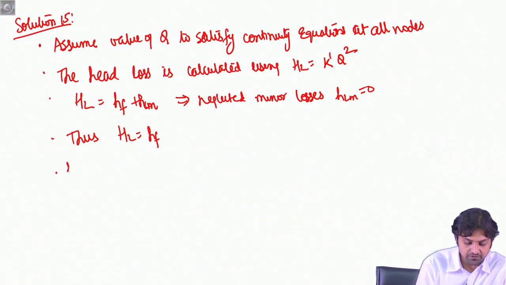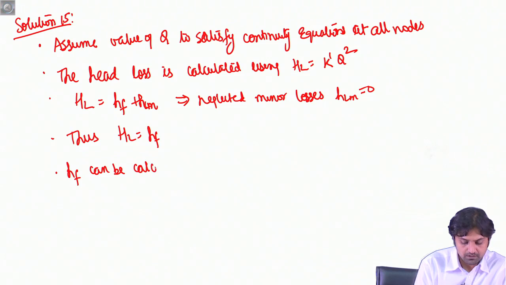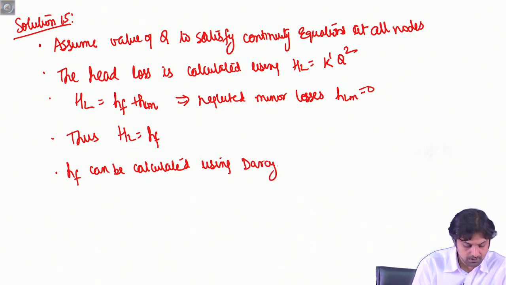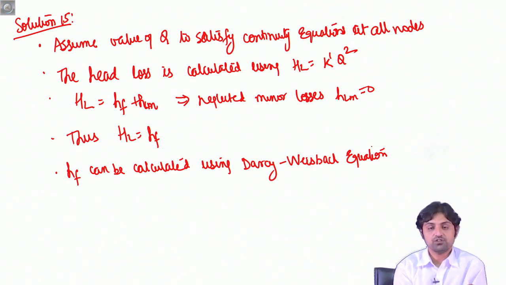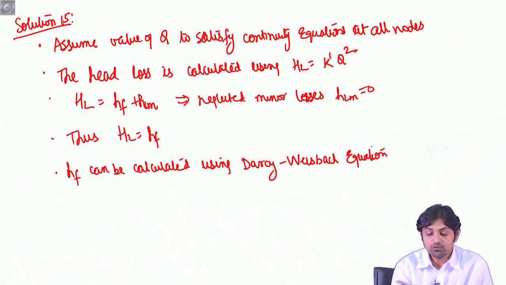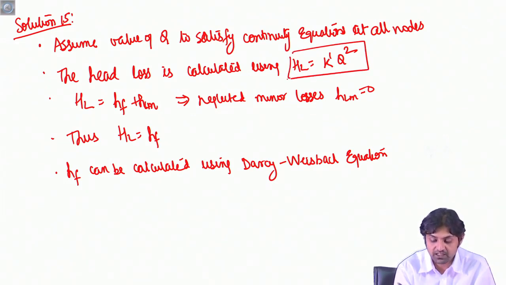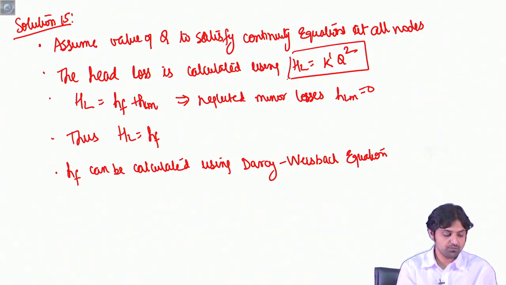Now, this HF can be calculated using the Darcy-Weisbach equation. How? See, using the Darcy-Weisbach equation, our idea is to arrive at a suitable K in terms of Q, so that for each of the pipes we can do that, because they are not changing that much, okay.